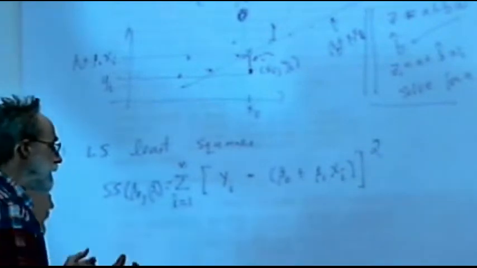You just have to take the partial derivative with respect to beta naught, with respect to beta 1, and you set that equal to 0. That's a so-called normal equation, so you can solve it. So we know the answer by calculus. So we're trying to minimize. If you can do calculus, you should be able to do this. So we'll come out to this.